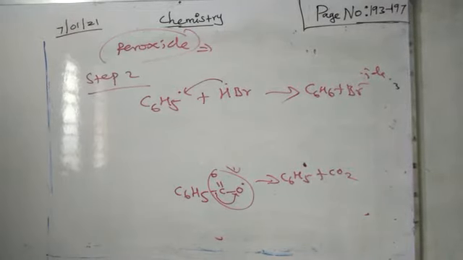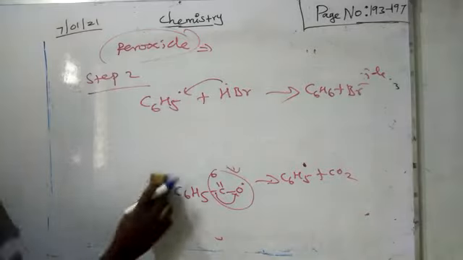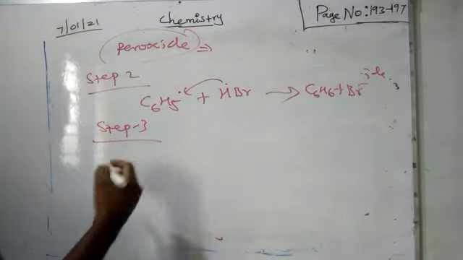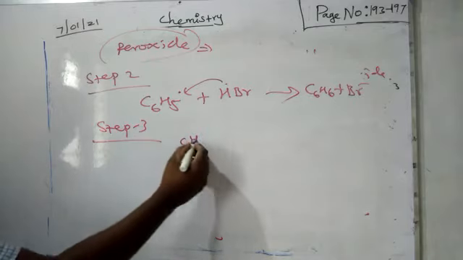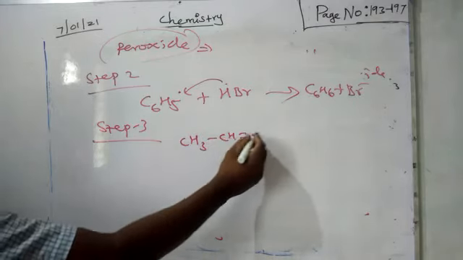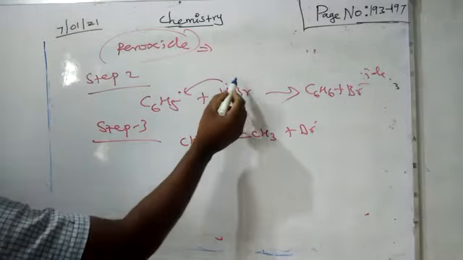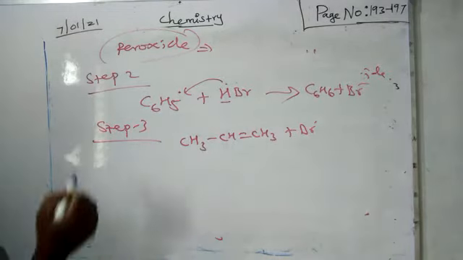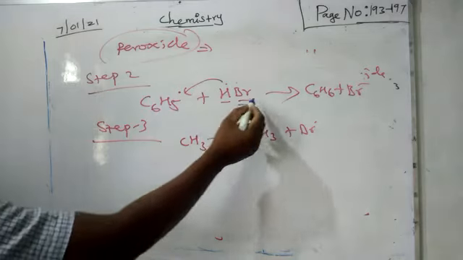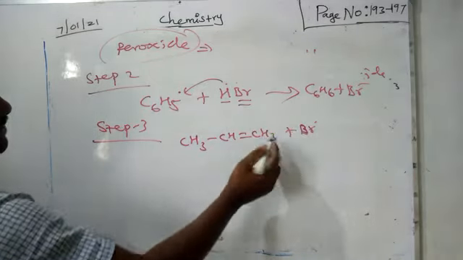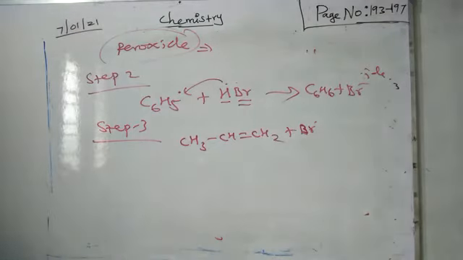So the taken compound, step 3, the taken compound is nothing but propene. Now the Br dot, because the H dot was taken by C6H5, remaining we have Br dot. That Br dot free radical attacks the double bonded compound.